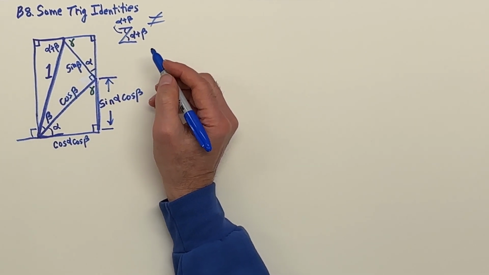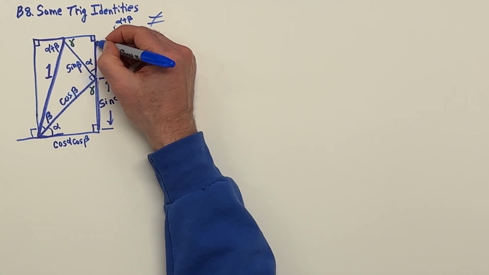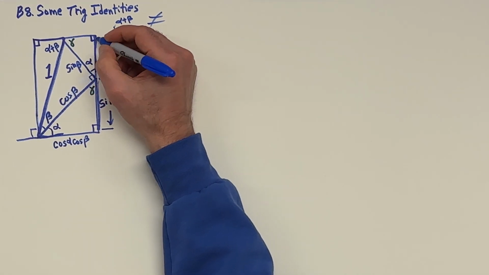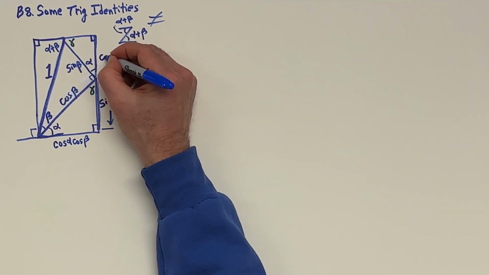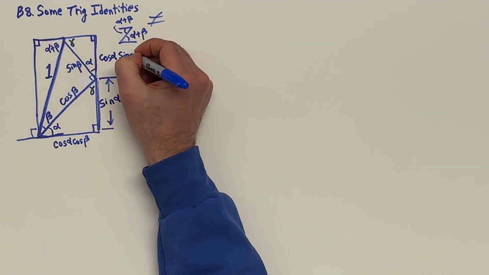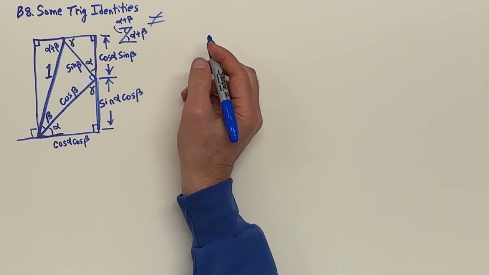Then over here, this would be the adjacent side of alpha, and here's your hypotenuse, sine of beta. So this is the sine of beta times the cosine of alpha. I'll write the cosine first. Cosine alpha times sine of beta. And that gets us this length.